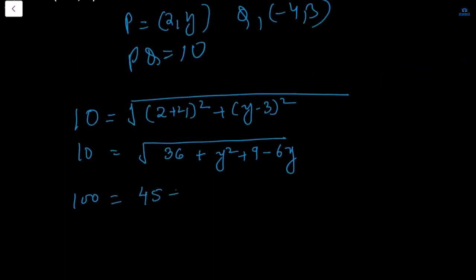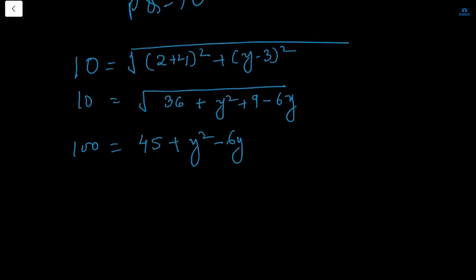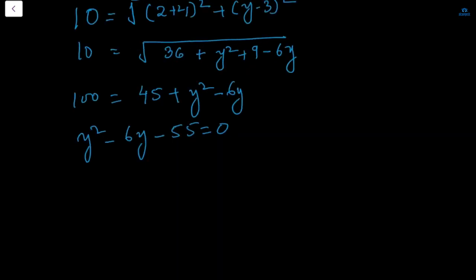So if you bring everything on one side, it will be y square minus 6y minus 55 equals 0. Now you need to factorize this. If you factorize it, you'll get y is equal to 11 or y is equal to minus 5.